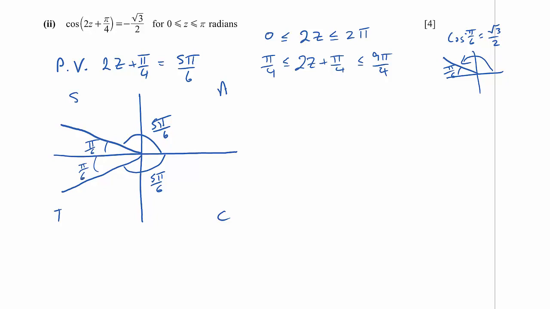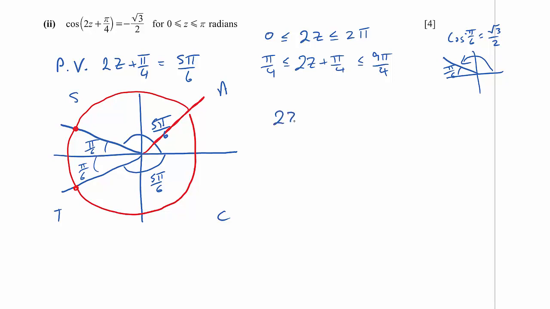So pi by 4 is here, and that's our start point. And we need to go all the way around once. So we'll go all the way around like that. So we just find the two solutions, here and here.